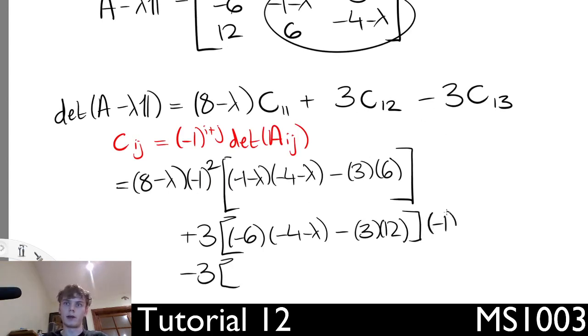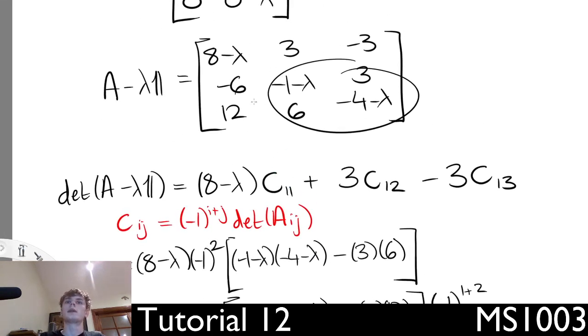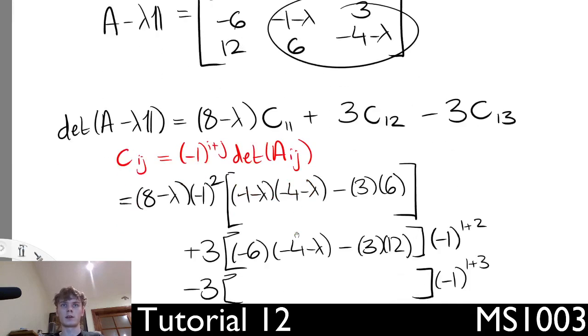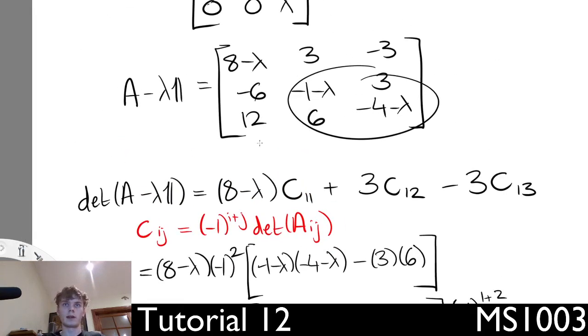I forgot here minus 1 to the i plus j. So for 12 that means 1 plus 2, and here I should also have a minus 1 to the 1 plus 3. Easy to forget. Now I need the determinant of the submatrix when I delete the first row and the third column. So minus 6 times 6, minus 1 minus lambda times 12.